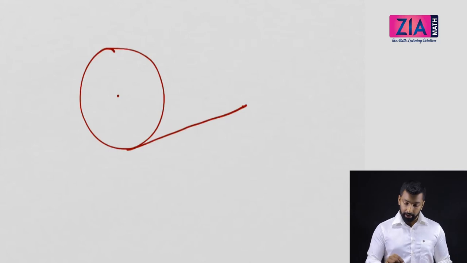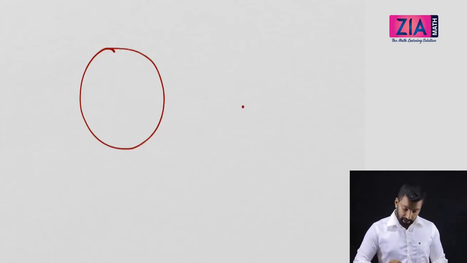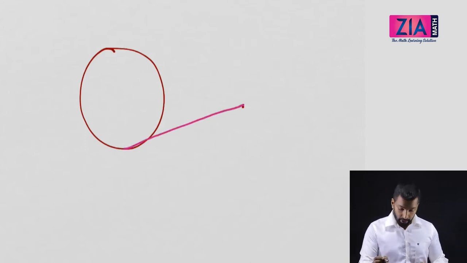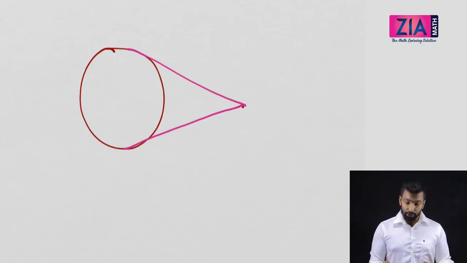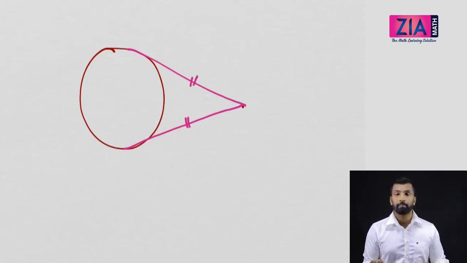Otherwise, if you see this point, the other way in which you can proceed is, you can drop a tangent like this, you can also drop a tangent like this. So the next property that we have seen is that these two will be equal.